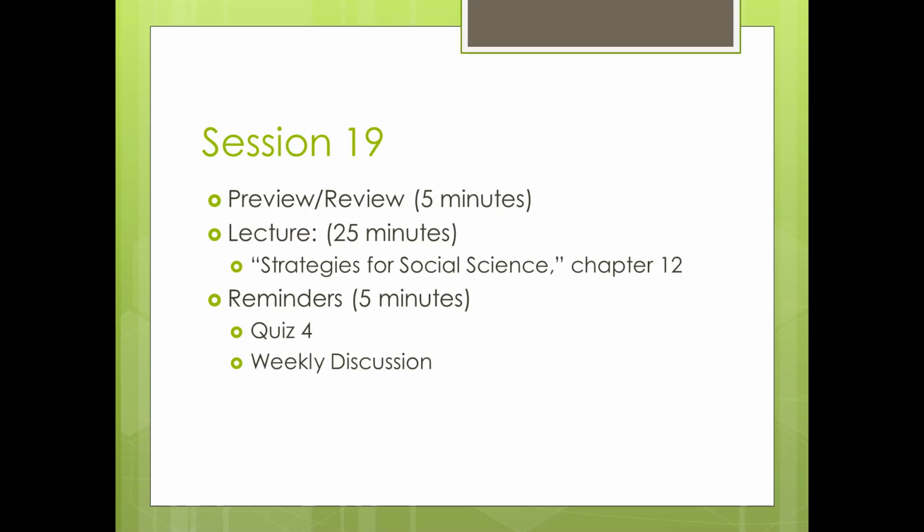Some new written rehearsal strategies that we're going to be reminded of in today's session is the CARDS strategy, which is cognitive aids for rehearsing difficult subjects.